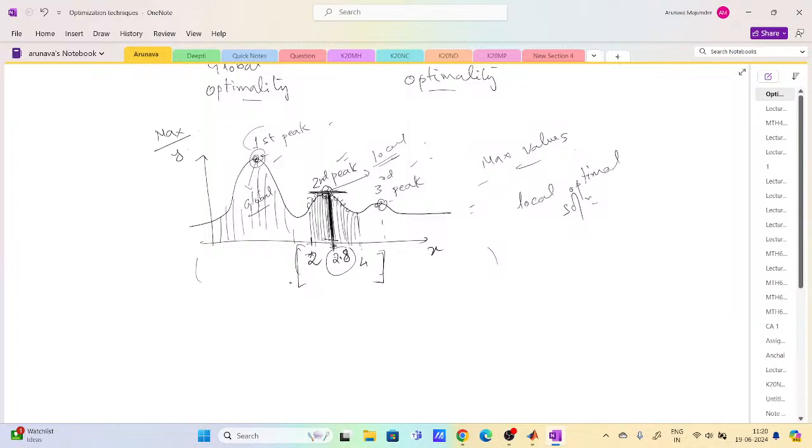But mathematically, mathematical methods mean finding the derivative, which is called the classical optimization process, and then finding the second derivative of the function. In the case of multiple variables, finding the Hessian matrix is another method.